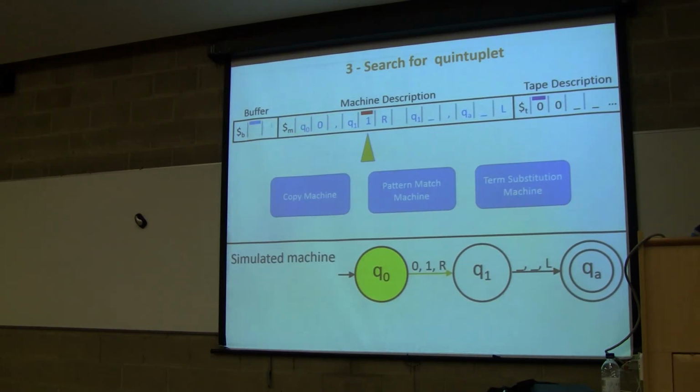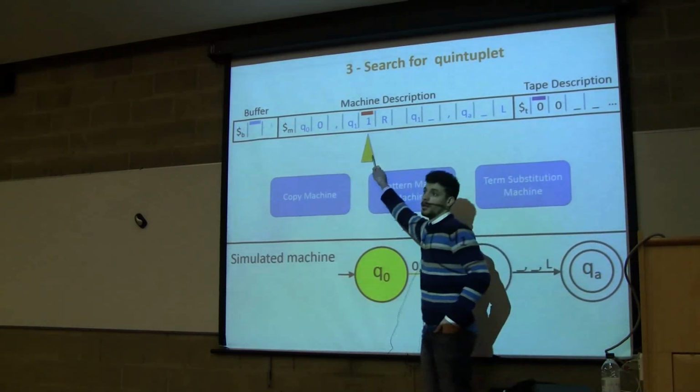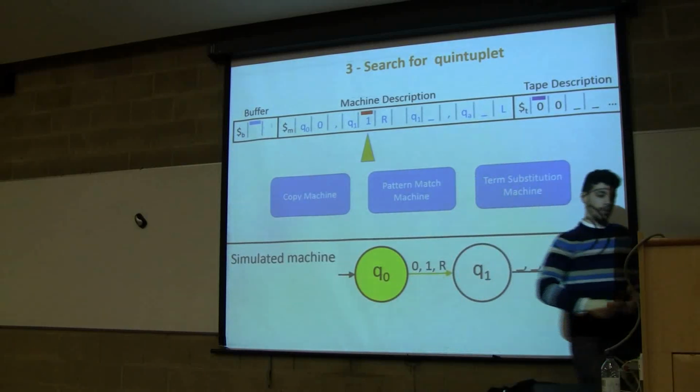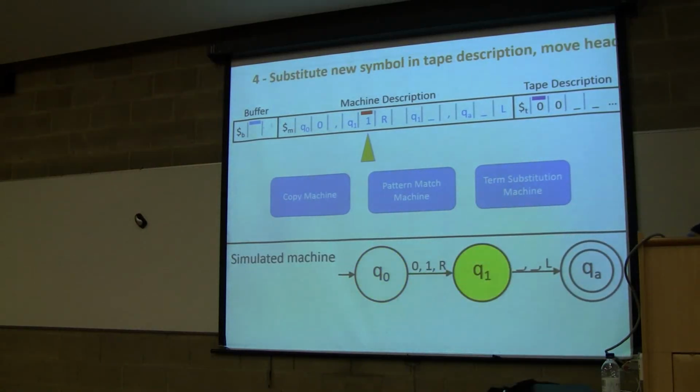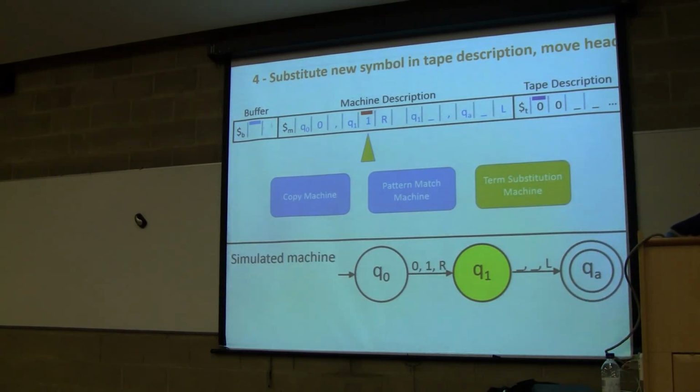Now you need to substitute this 0 with this 1, because that's the rule you found, right? So we do exactly that. Term substitution machine, go to the next marker, the one in the tape description part of the tape, and you substitute that symbol.